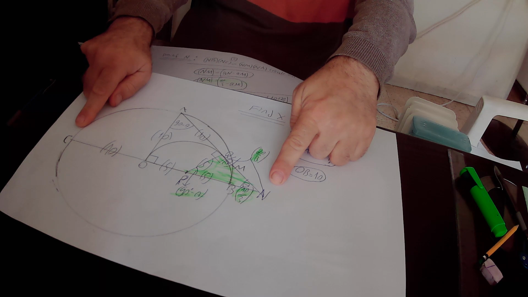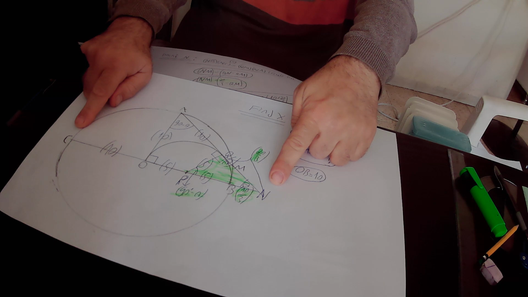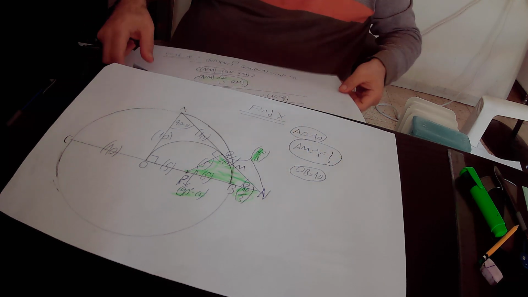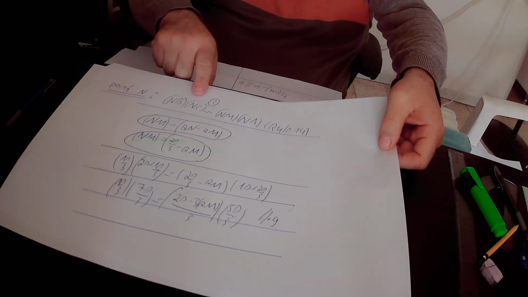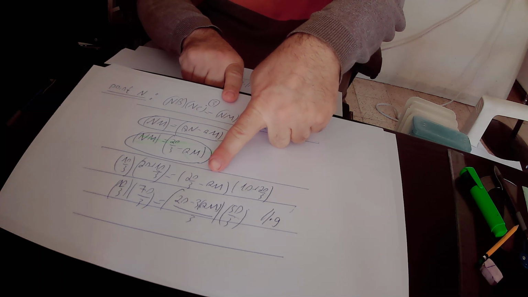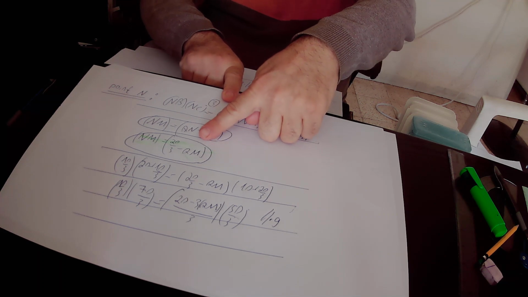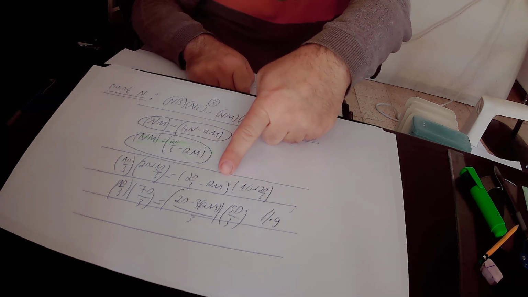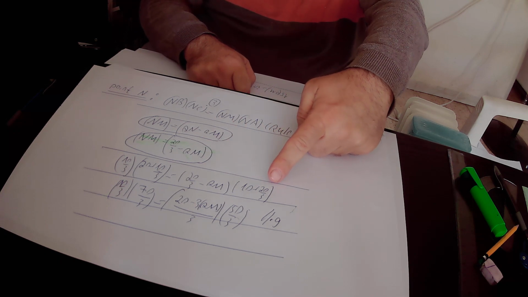CN in total equals 10 plus 5 plus 5, that is 20, plus 10 over 3. So CN equals 20 plus 10 over 3, and it equals NM times NA, where NM is 20 over 3 minus QM.